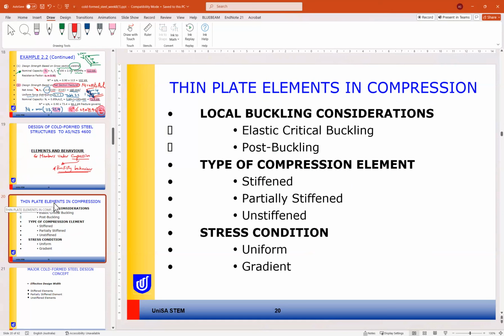So for the thin plates in compression, our main consideration is local buckling, or our main problem is local buckling due to what? Due to thin walled nature of it.